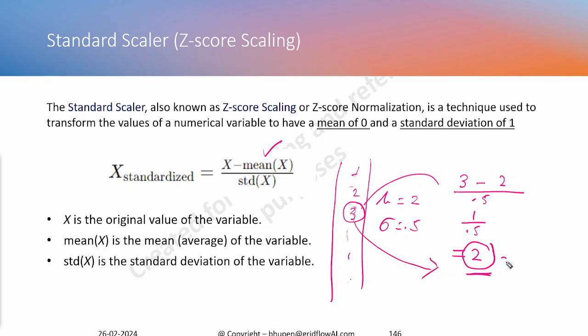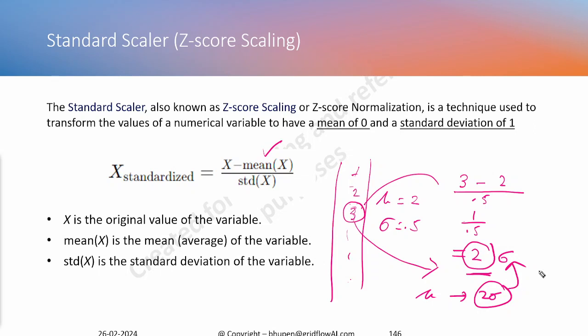Now this 2 is in terms of standard deviation. That means 3 in my series is away from the mean by 2 standard deviations. That's what it means. So z-score transformation is all about transforming the values in terms of units of standard deviation.